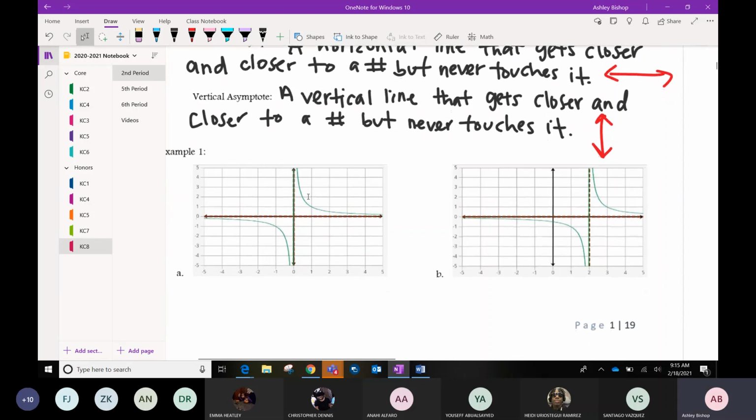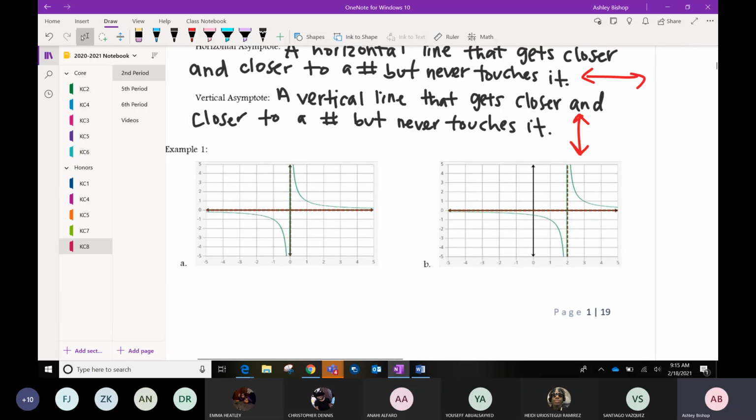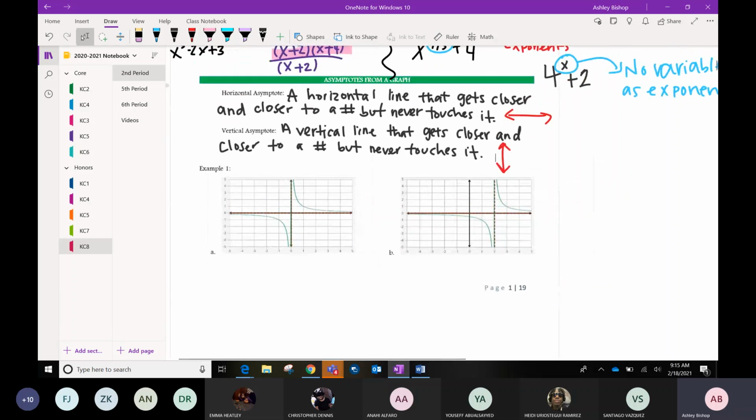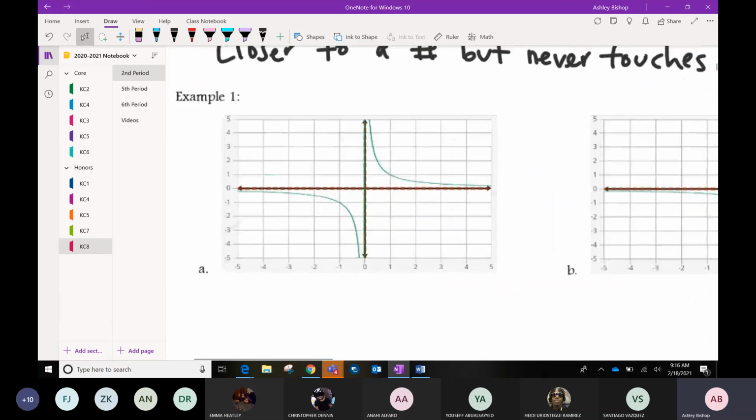Alrighty, so one thing I want to let you know about rational functions that's different. We're going to see a lot of similarities from this unit to last unit. For example, next week we're going to do end behavior again, and also domain and range, increasing and decreasing. And you're like, okay, what's different from this unit? From last unit we had functions that were all one thing. This unit, all of our functions that are rational functions are going to look something like this.